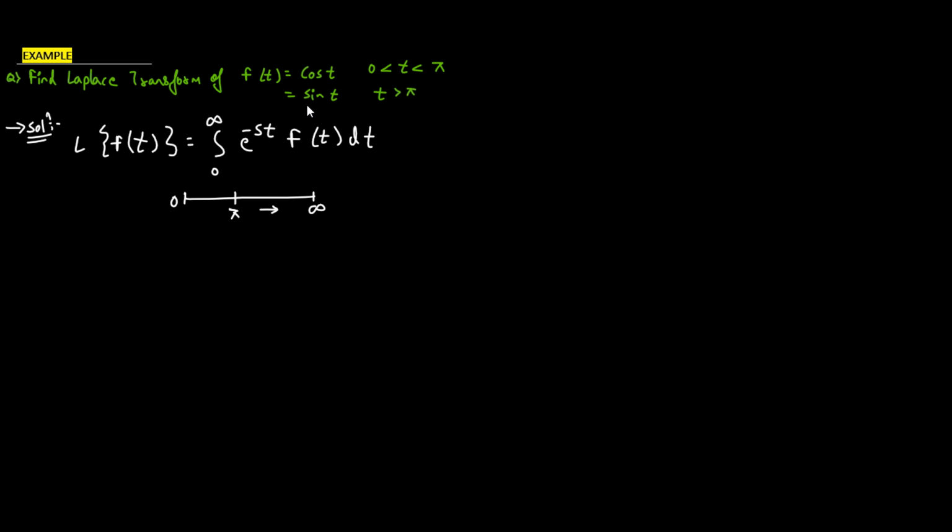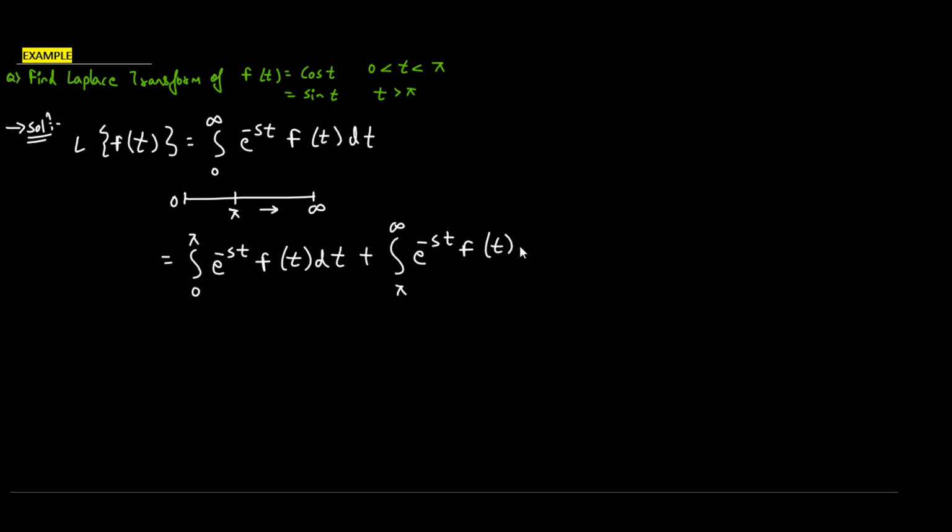So the first part is 0 to pi e raised to minus st f of t dt, plus the second part is pi to infinity e raised to minus st f of t dt. Okay, so now we know the f of t for the first part is cos t.